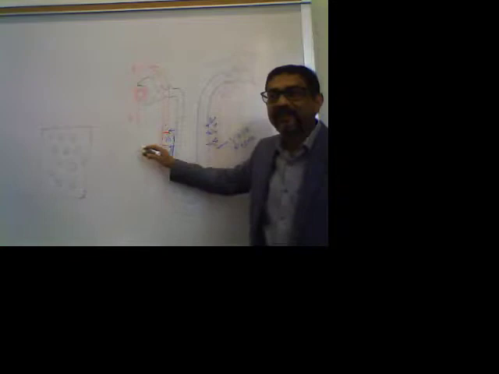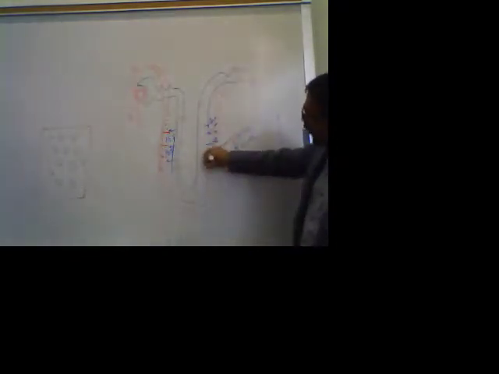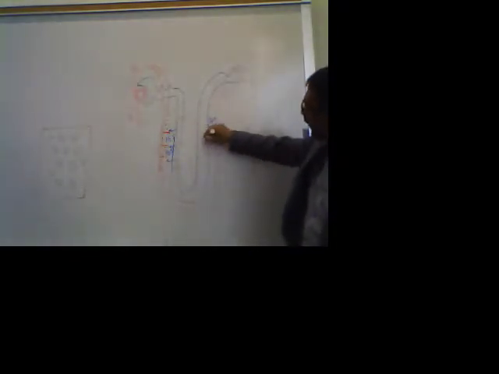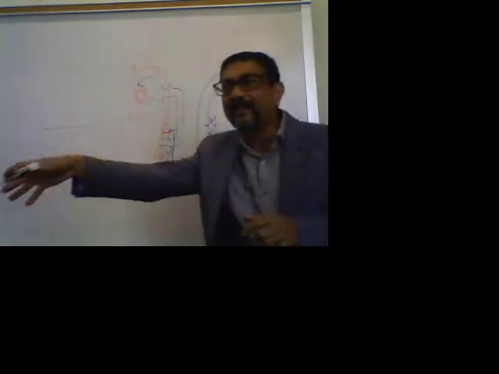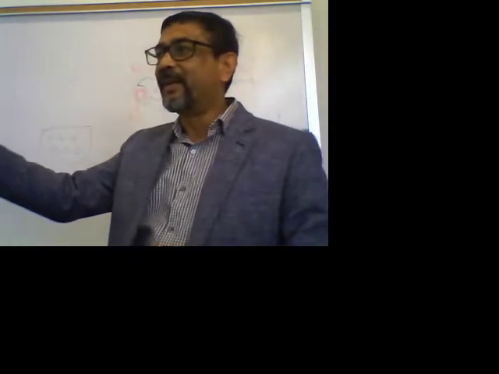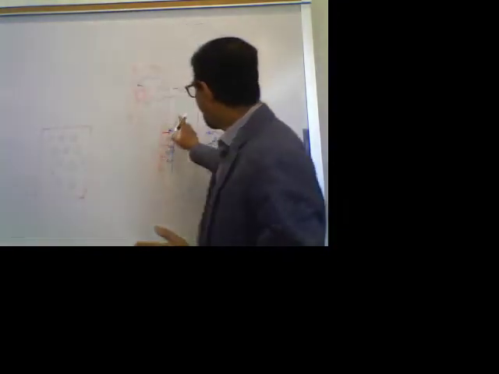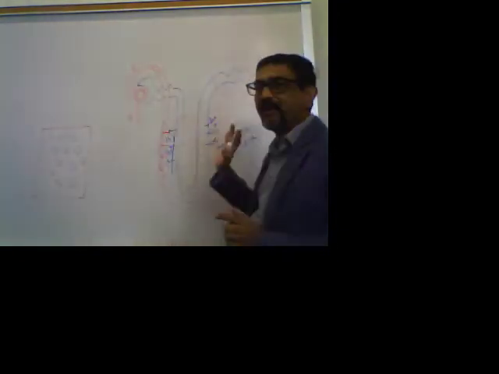Opposite, right? Same thing here. As the fluid is going up, the concentration is going down because sodium, chloride, potassium are leaving. As the blood is going up, concentration is increasing because sodium, chloride, potassium is getting in, being added. So opposite, right? Here and here opposite, here and here opposite.